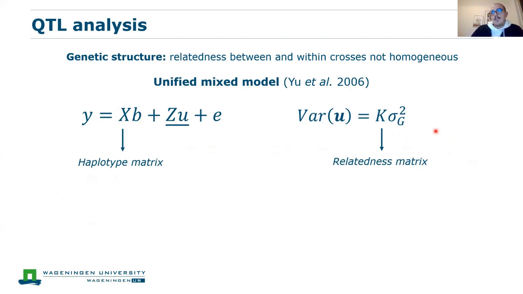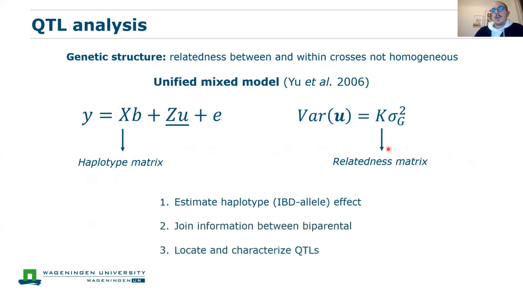And this has several advantages. One is that we can estimate the haplotype effects. And as I mentioned, haplotypes are quite close to IBD, so that means that you essentially are estimating the IBD effect. You can join information across multiple biparental populations. And of course, you can locate and characterize QTLs, which is the whole point of QTL models.